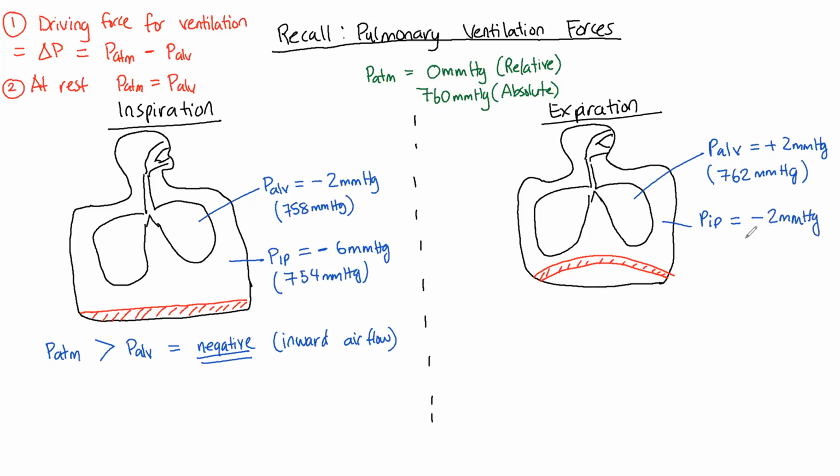And again, thinking about our absolute value for that, that is 758 millimeters of mercury. Okay, everyone with me so far? Can we see how these pressures are changing for inspiration, then for expiration relative to that zero? Let's just label the diaphragm here.